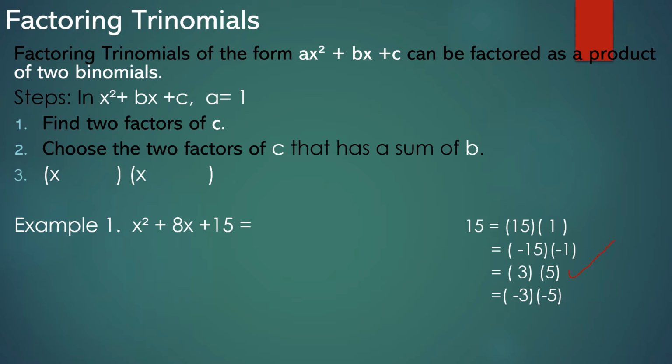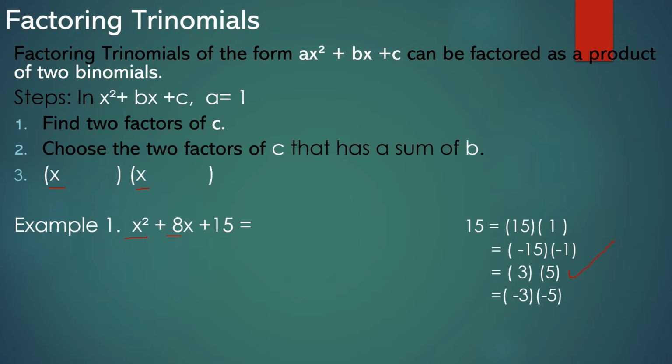Ito yon, 3 and 5. Pag inadd natin, ang value ay 8. So, ngayon, anong gagawin sunod? Sa step 3 natin, napansin nyo na inilagay ko na kaagad yung x and x kasi nga x squared lang naman ang given natin dito sa first term. So x times x, that is x squared.